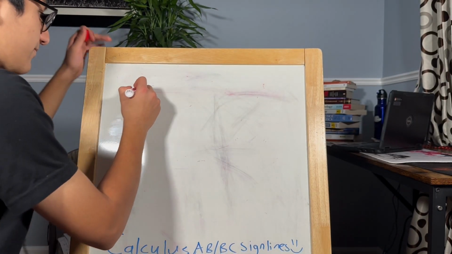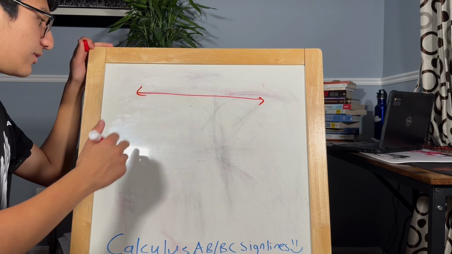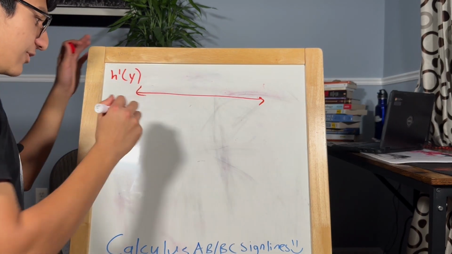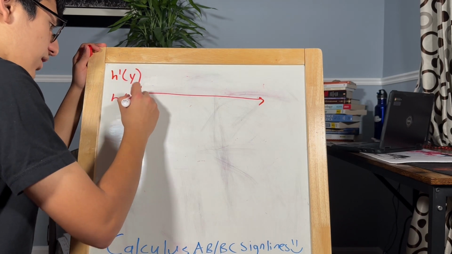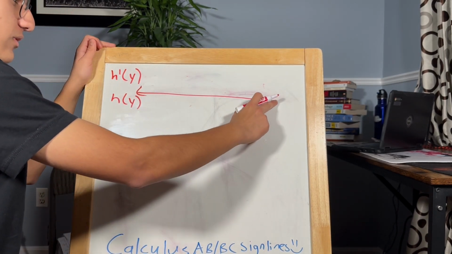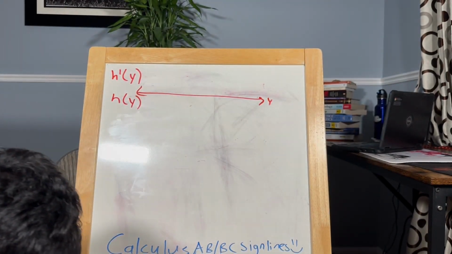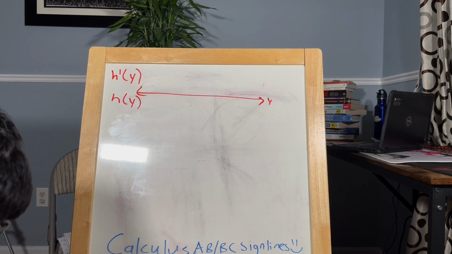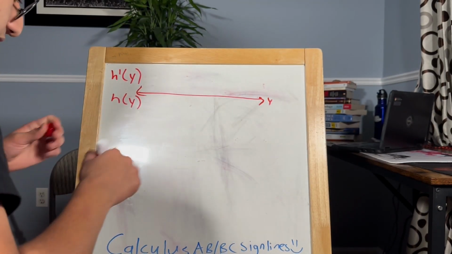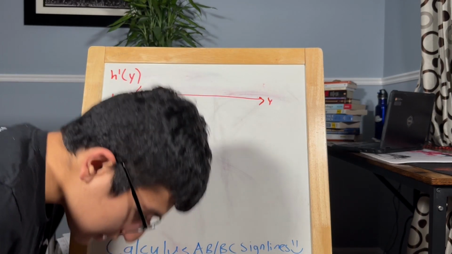So I'm going to put the sign line, and we're going to put h prime of y. We're getting crazy here, right? And then h of y, right? This would be like the y. But yeah. All right. Let me see if I have an example here. This one's a little crazy, all right?